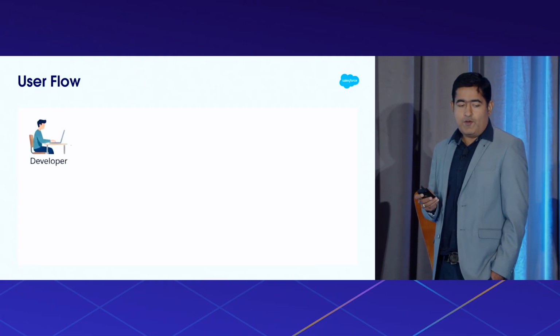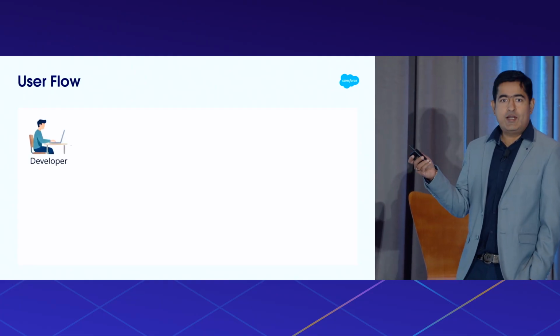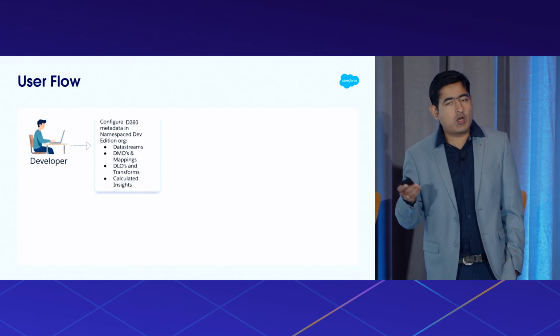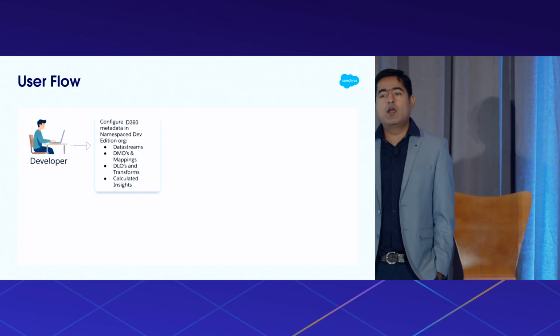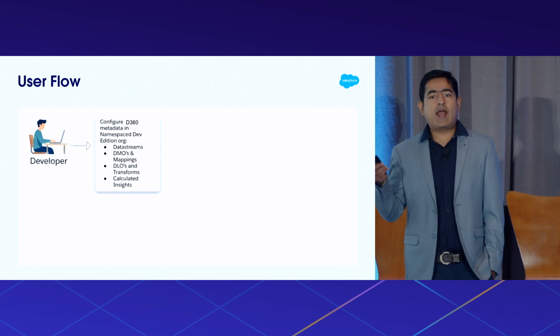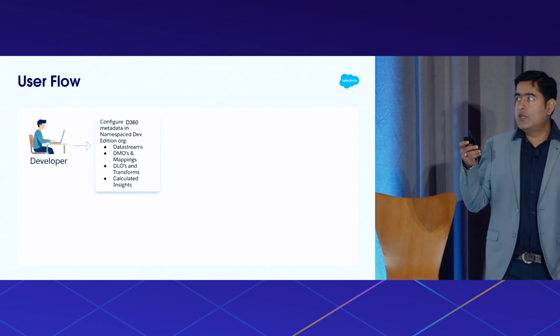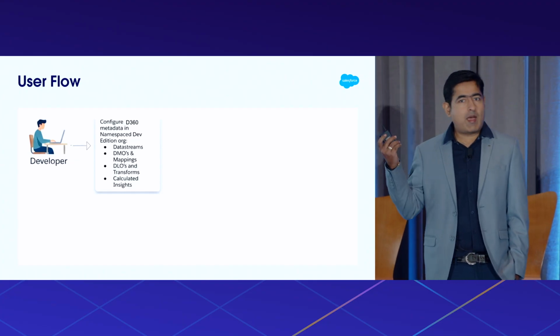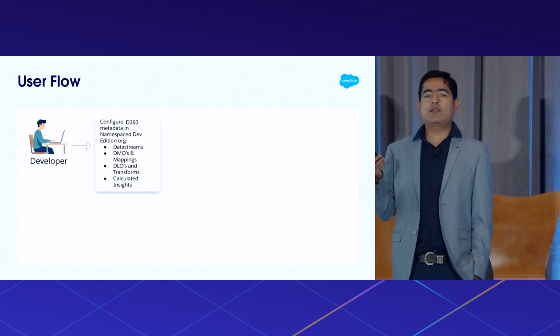So this is how the user flow looks, especially when it comes to packaging. A developer in a namespaced dev edition org, or in the case of, say, a 2GP package, a dev edition scratch org, configures all the Data 360 configurations like data streams, DMOs, mappings, transforms, calculated insights, and so on.